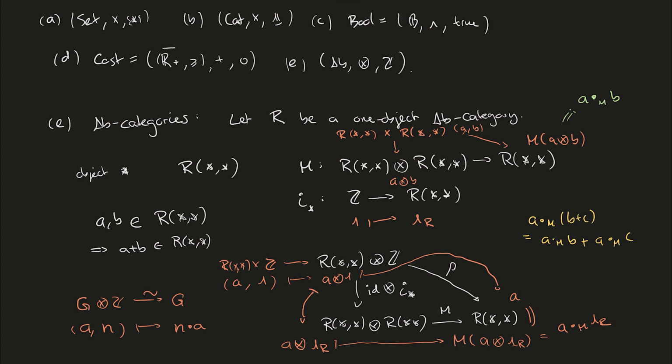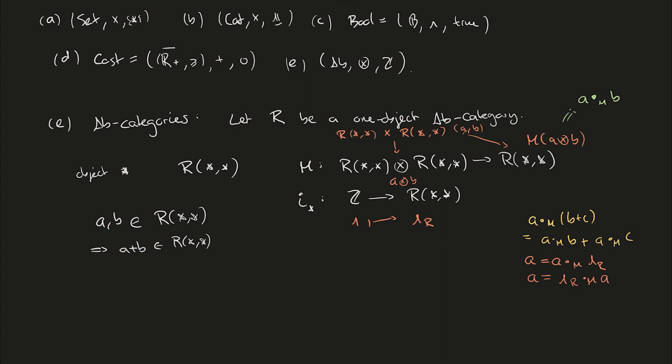So the second relation that we have for this one object AB category is that A is equal to A times M(1_R). Now we have a second diagram that goes in the other direction that will give us the relation that A is equal to 1_R times M(A).